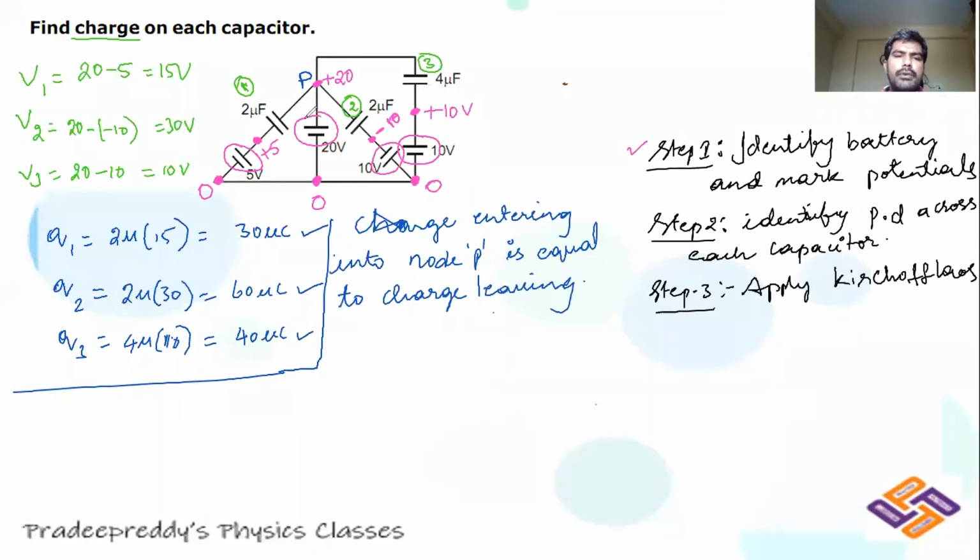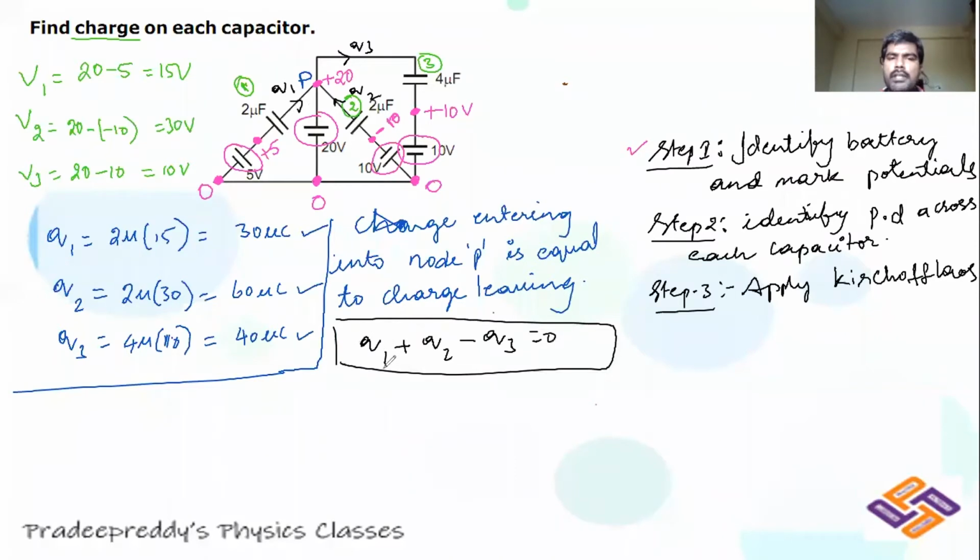If some charge Q is entering into this node P, then an equal amount of charge will be leaving from there. Now I can mark those charges. Let me consider this is Q1, this is Q2 and this is Q3. I can write Q1 plus Q2 minus Q3 is equal to 0.